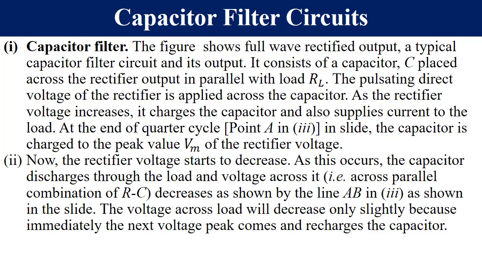The voltage across the load will also decrease following the decrease in voltage across the capacitor, since the two are connected in parallel, but it will only decrease slightly because it will meet the next voltage peak of the charging pulsating DC, and the capacitor starts to charge again.